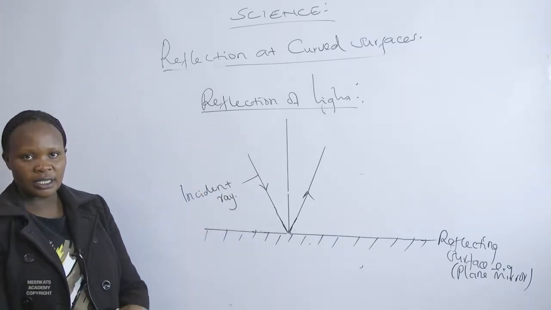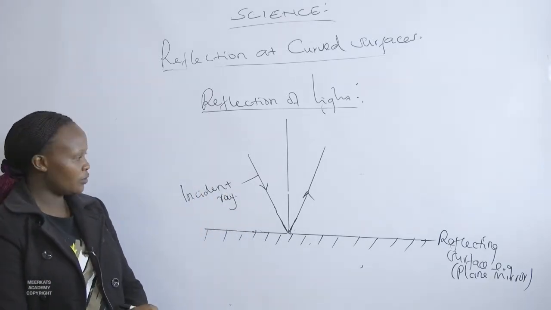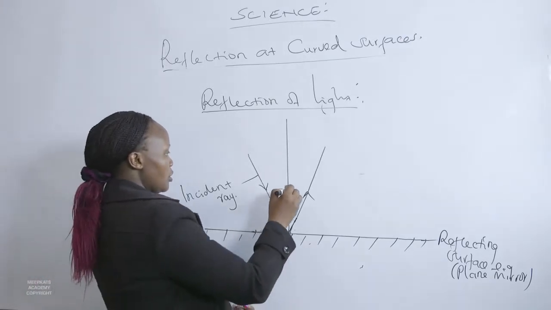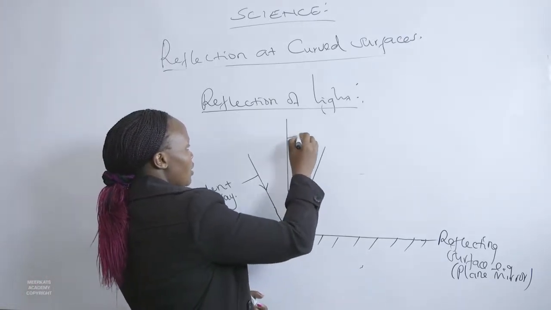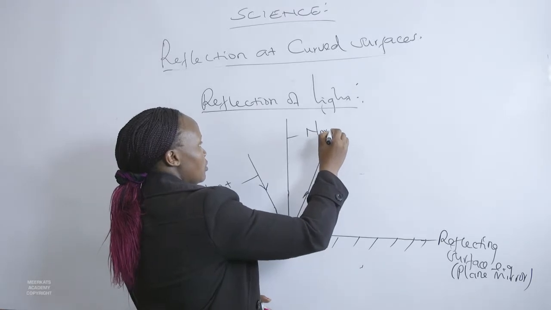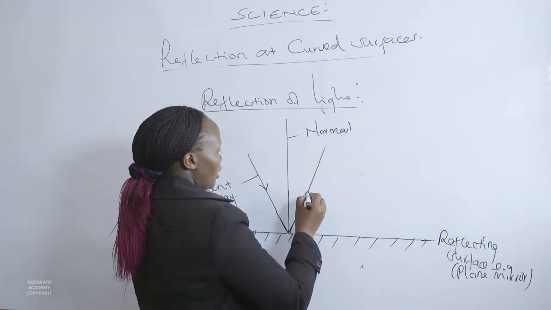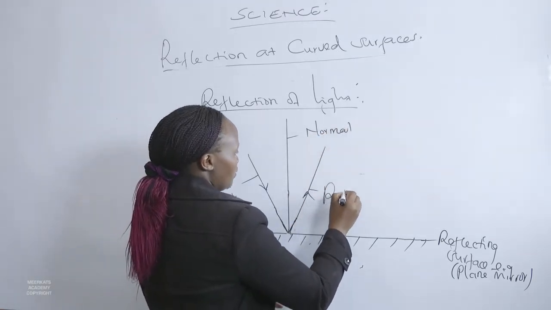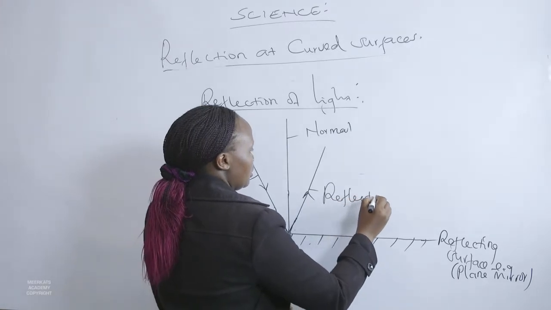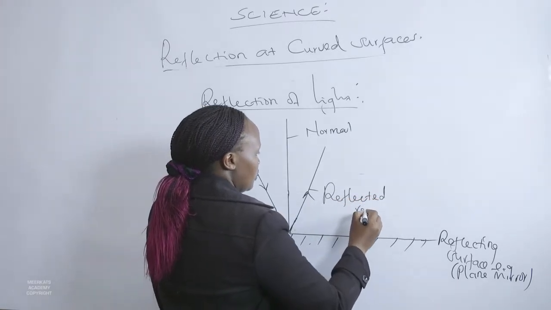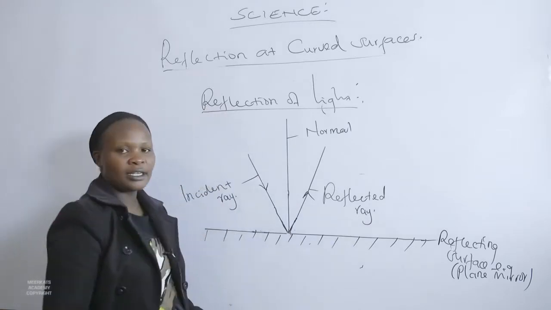Please note the direction of motion of that ray. It's very important. Then we have the normal. And again we have the reflected ray.